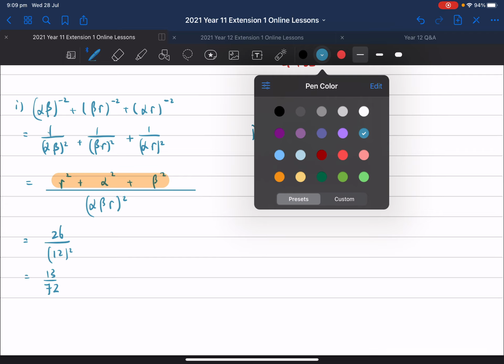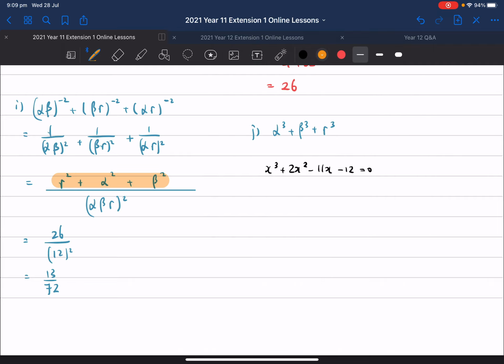I'll use different colors, so you'll probably understand a bit more. Let alpha, beta, gamma be the roots for the above equation. Now think about it. If alpha, beta, gamma are the roots, then if I substitute alpha into here, here, and there, the right-hand side is equal to 0, right?